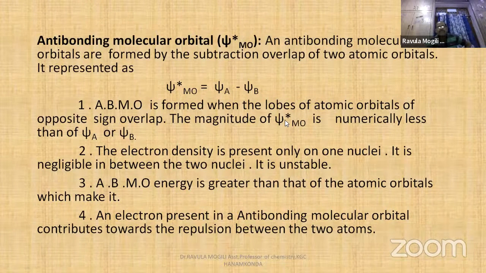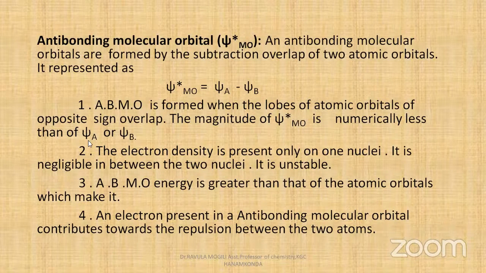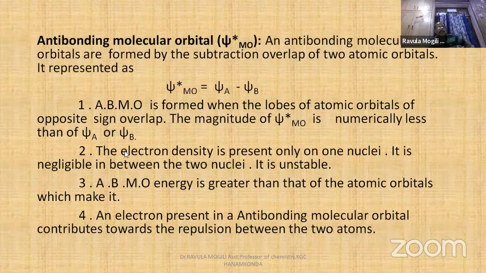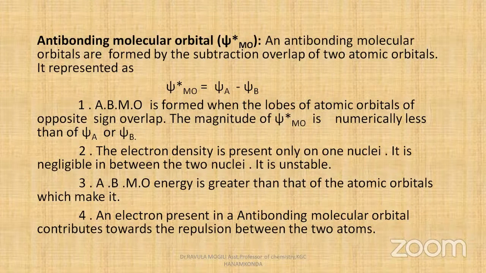The magnitude of psi star MO is numerically less than that of psi A or psi B. So the electron density is present only on one nucleus. It is negligible between the two nuclei.